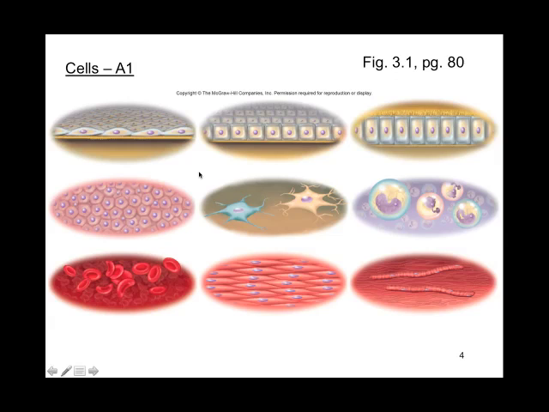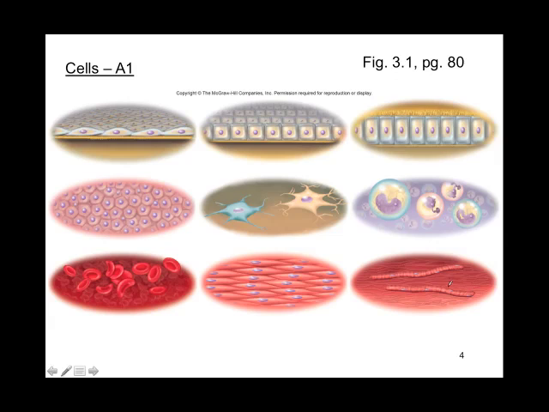Okay, so let's just talk about cells in general right now. There are over 200 different types of cells in the body with various shapes, sizes, forms, and functions. And again, when we talk about this idea of form and function, it applies to these cells as well.